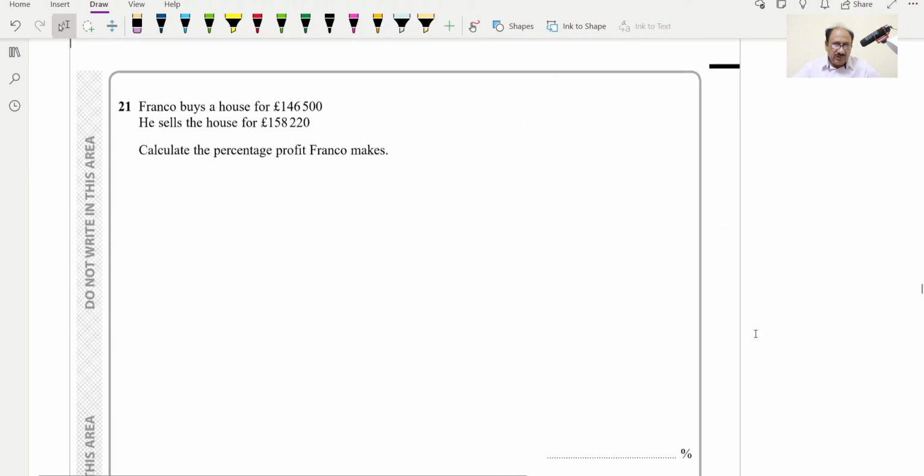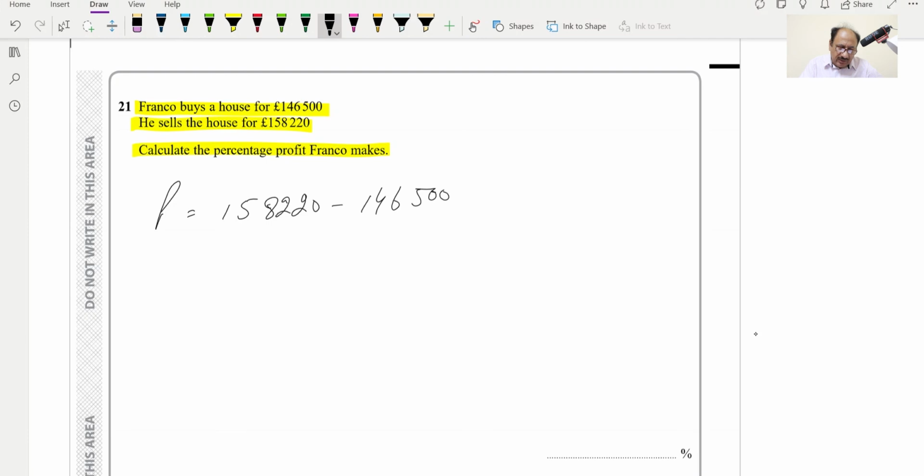Now question number 21. 21 says Franso buys a house for this much amount and sells the house for this one. Calculate the percentage profit. So to calculate profit, what we will do, we will subtract the selling price minus the buying price, and buying price is this one.